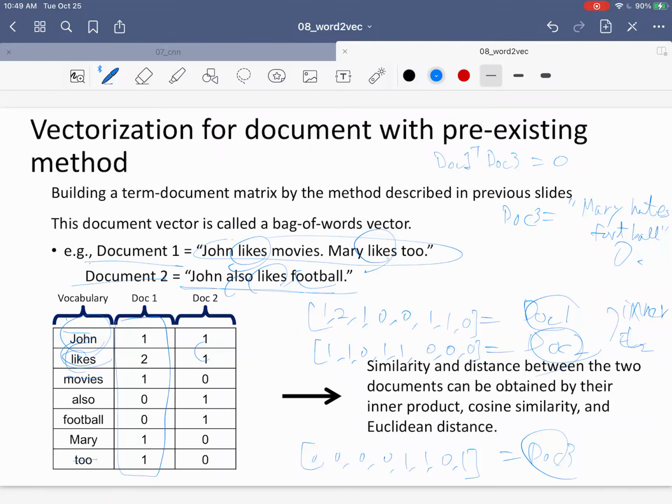So you immediately have a concept of similar documents and irrelevant documents if you use counting vector as a document representation, because the inner product between doc 1 and doc 2 is non-zero, but the inner product between doc 1 and doc 3 is 0. That reflects how relevant and irrelevant two documents are. Doc 1 and doc 2 are more relevant than doc 1 and doc 3 are. So this is a little bit better than the one-hot representation of a word vector.